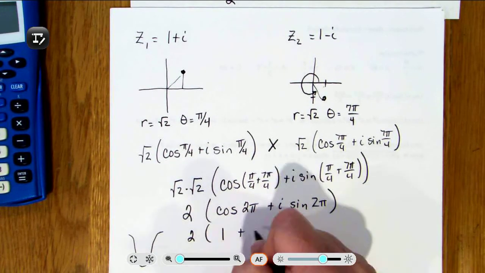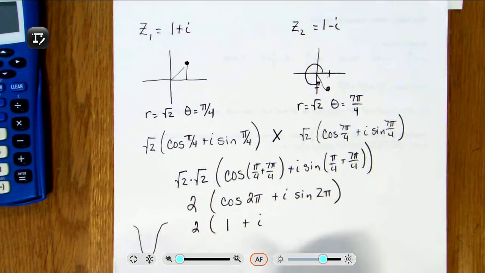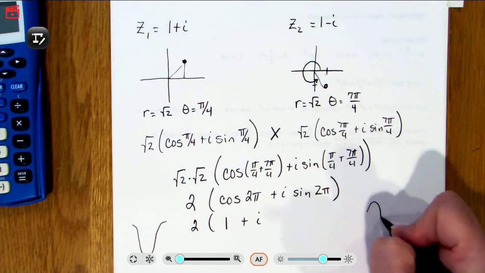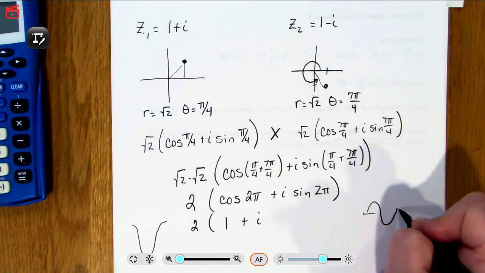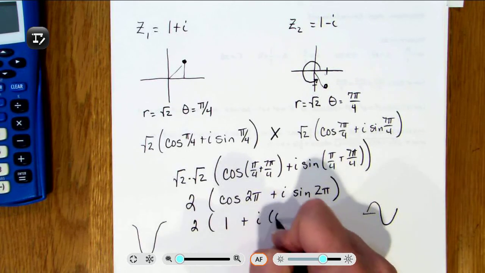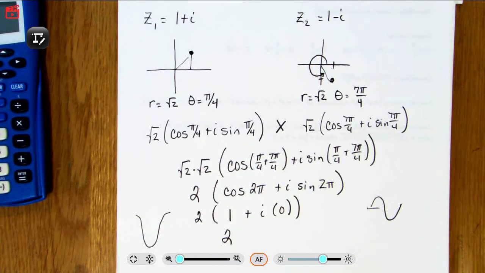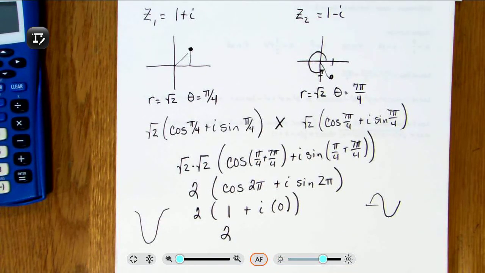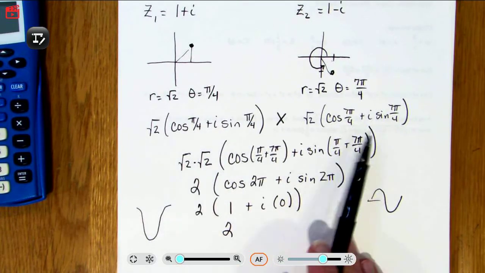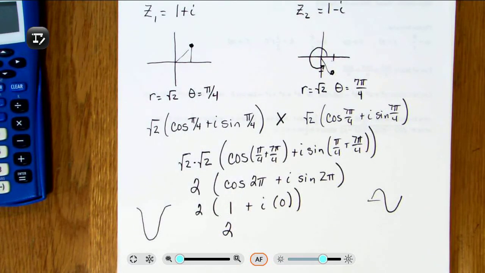The sine of 2 pi, if you think of the sine curve, comes back to 0. So when I multiply this all out, I do get the number 2. So I can multiply them in rectangular form, or I could multiply them in polar form. Yes, if I'm just doing two of them, working in rectangular form is so much easier.